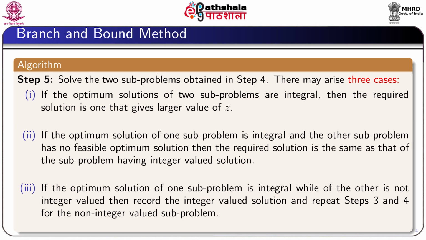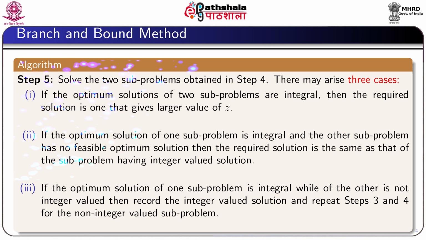In the next step, we solve these two subproblems, and then three cases may arise. In case 1, if the optimum solutions of these two subproblems are integral, then the required solution is one that gives the largest value of z.